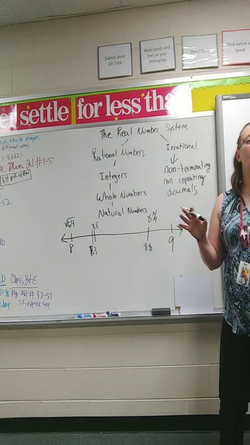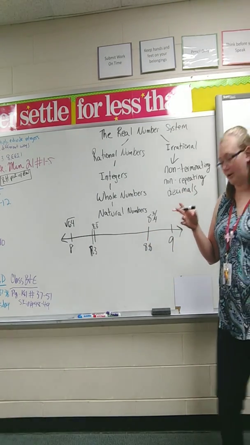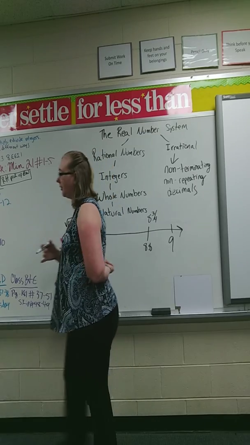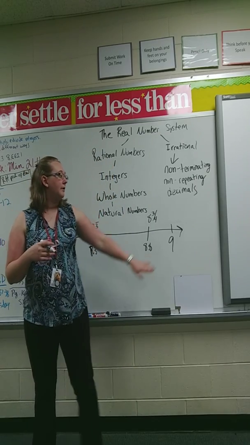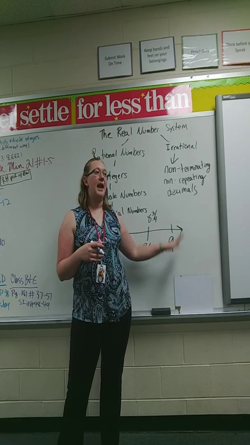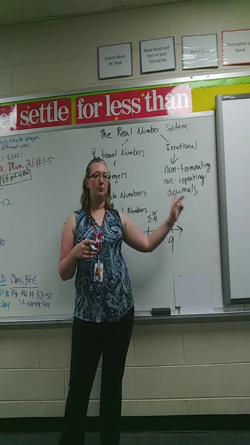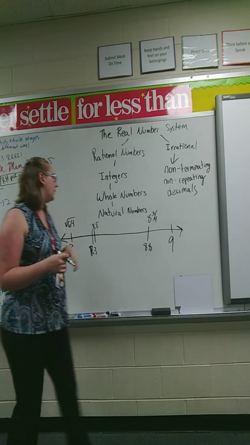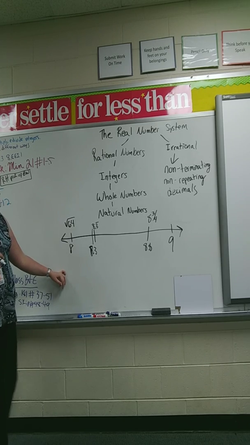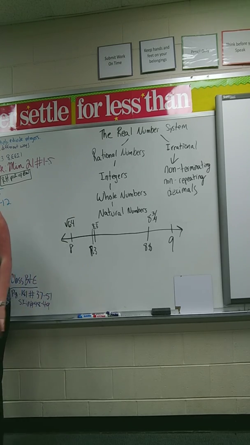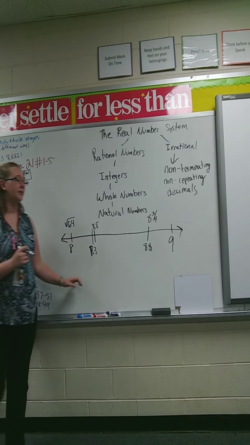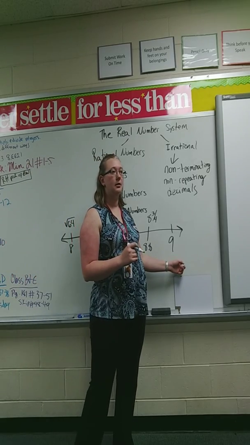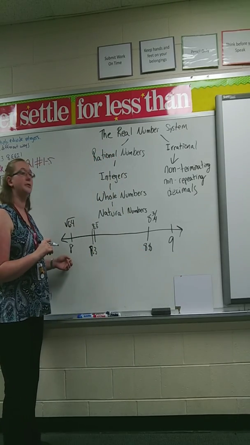Okay. So, can I paraphrase what you said? Yes. What we were told is that 9 squared would be 81, and the square root of 81 would be 9. We know that the square root of 64 would be 8. 76 is closer to 81 than it is close to 64.